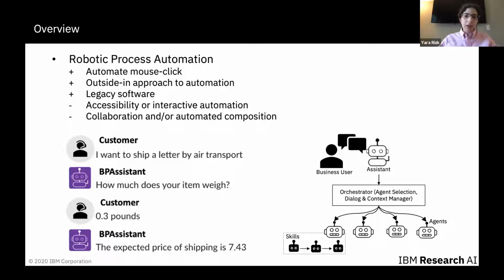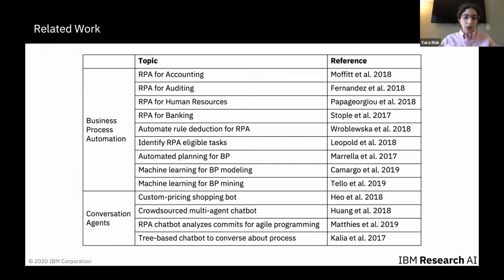And so before we delve into the details of what this framework looks like, we quickly highlight a few references from the literature. This is obviously not an exhaustive list, but we include a few of the most relevant things.